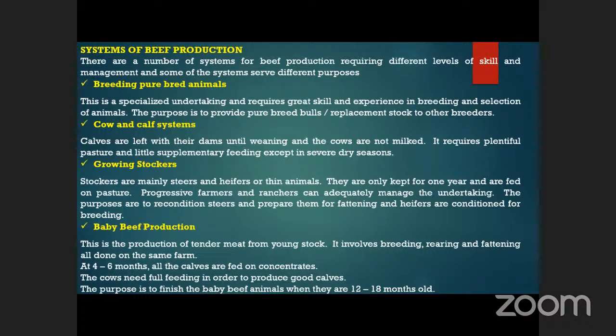Here, you rear the mother and the child, that is the calf. Don't milk, just leave the calf to suckle the milk from the mother, and it requires you to keep on feeding the animal.